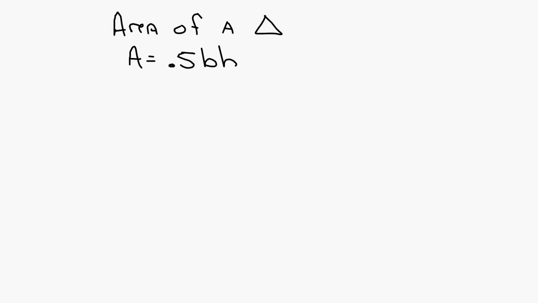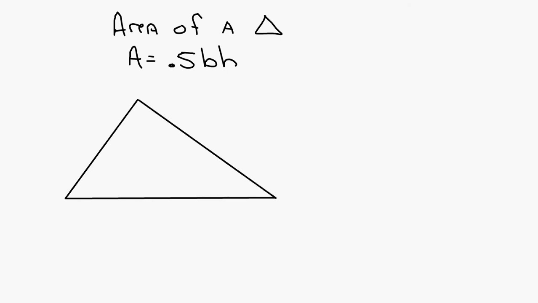And again, in a triangle, the base and the height are always perpendicular to each other. So in this triangle, this would be your base, and the segment perpendicular to that would be the height.